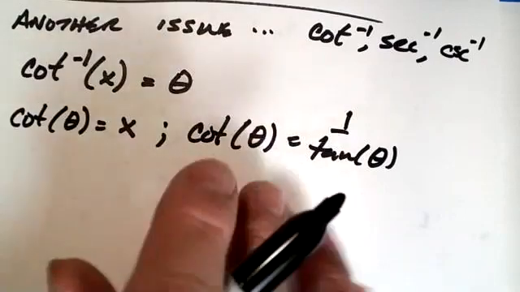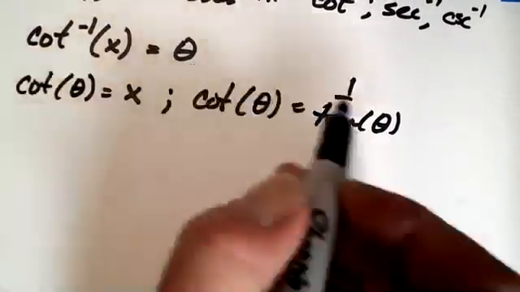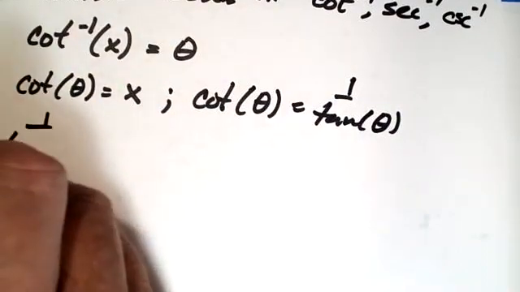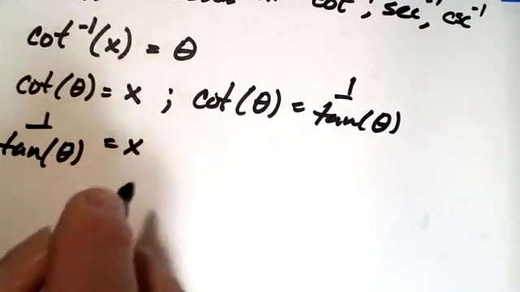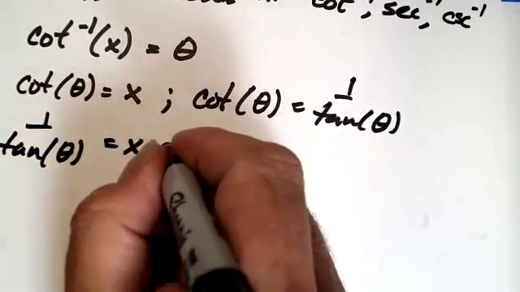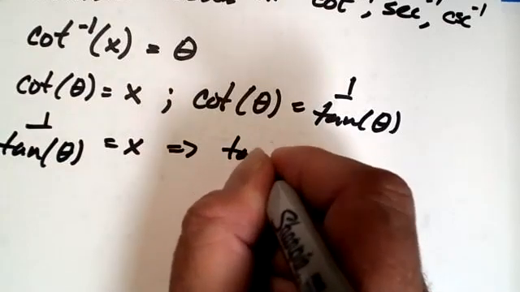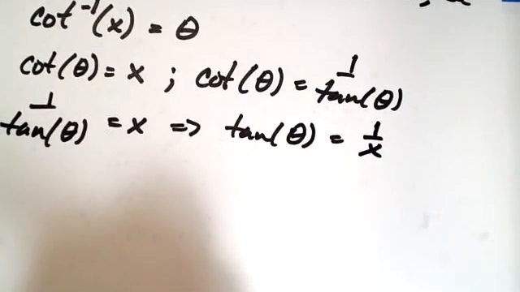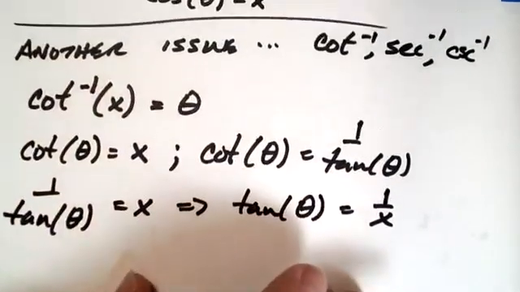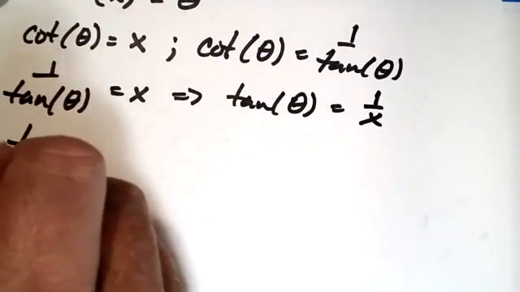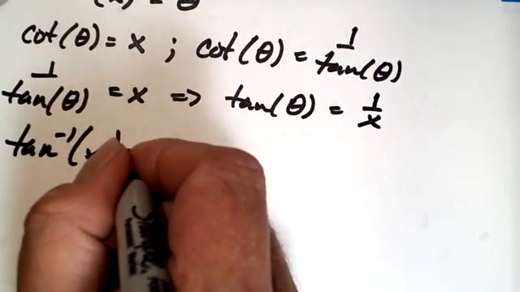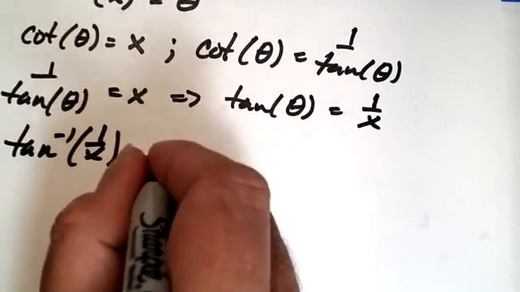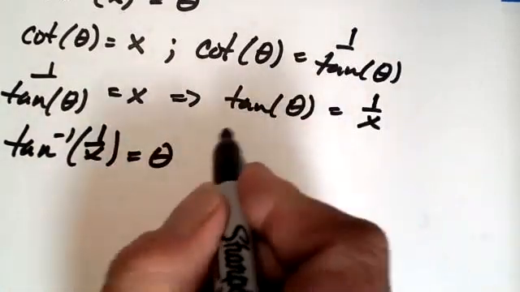So we can combine these two equations: whatever this angle is, 1 over tangent of the angle is equal to x, and x is the known value. So tangent of theta is equal to 1 over x. That is equivalent to a statement that inverse tangent of 1 over x is equal to theta.